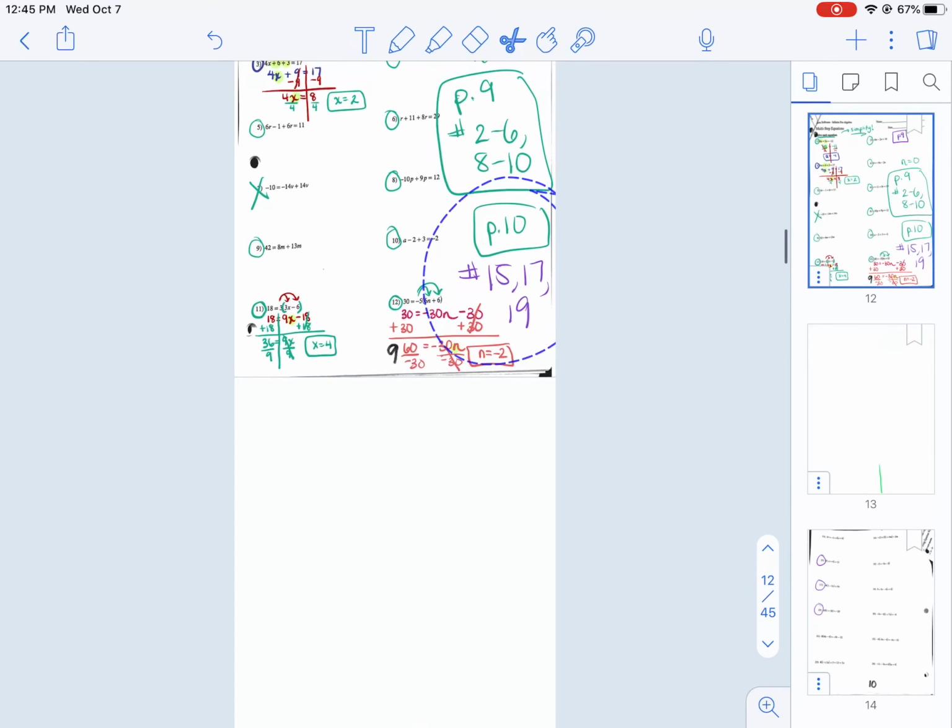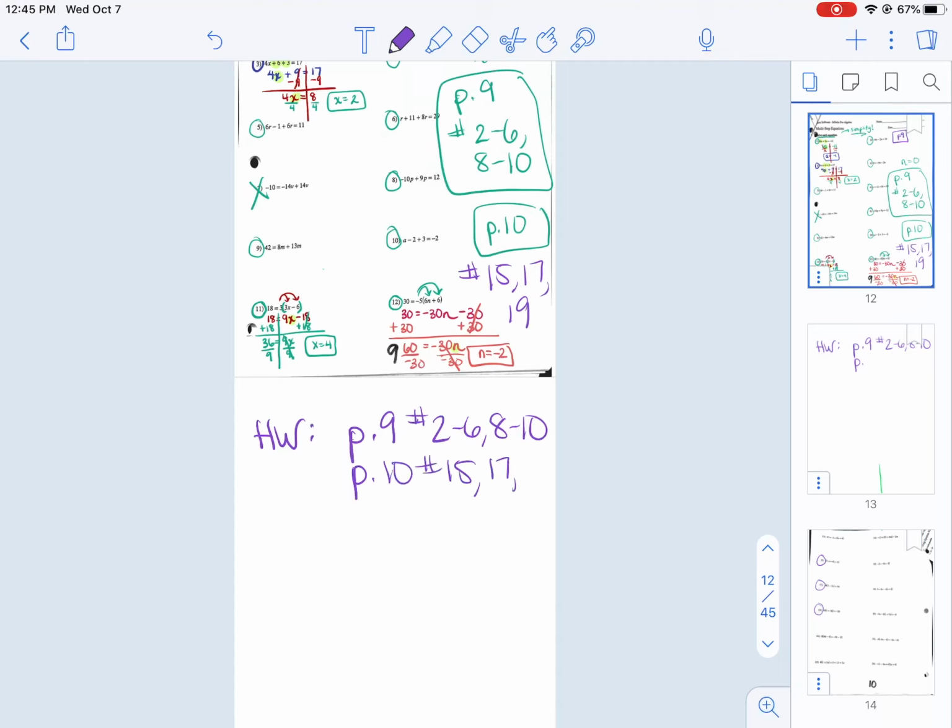Homework, classwork, so try to get this done so that we can look it over and see if there are any questions. Page 9, 2 to 6, page 10, numbers 15, 17, and 19. And we will check over your work.